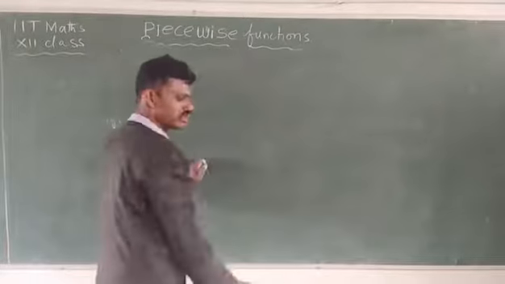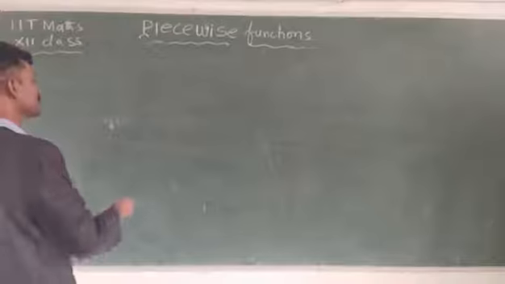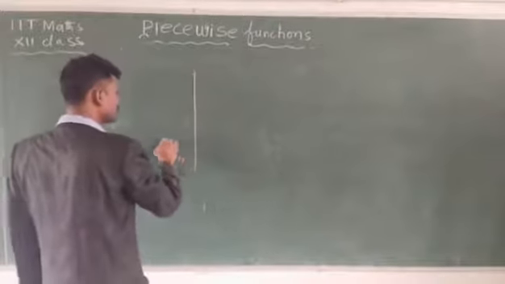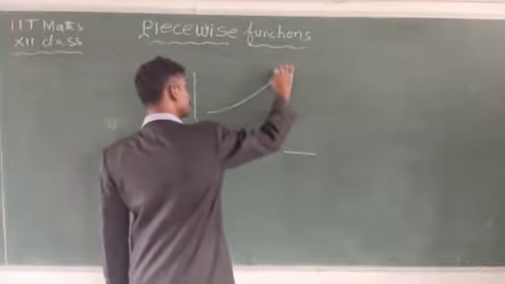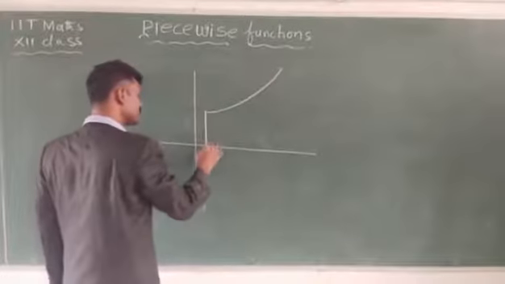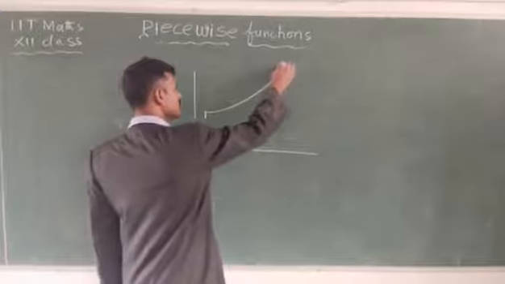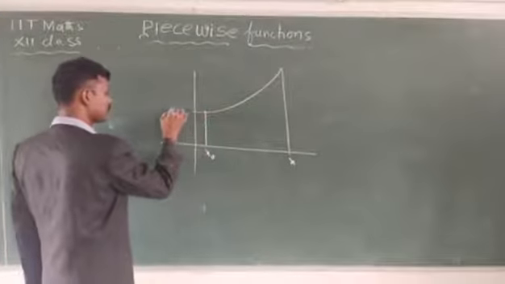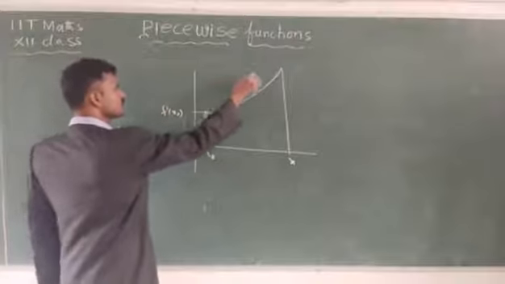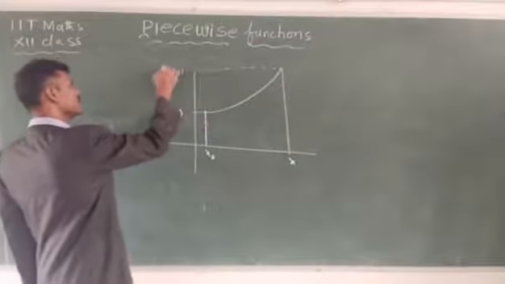Now the last one, after piecewise functions and algebraic functions, is the monotonic function. What is a monotonic function? Here a function is a continuous function. Here x increases, monotonically increases. This is x naught, here this is x. This is f of x naught, this is f of x.